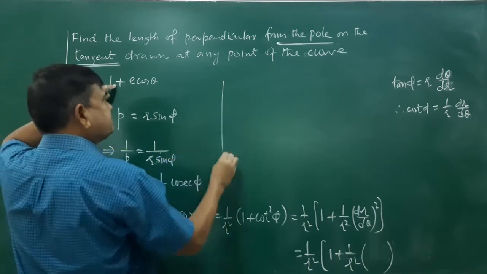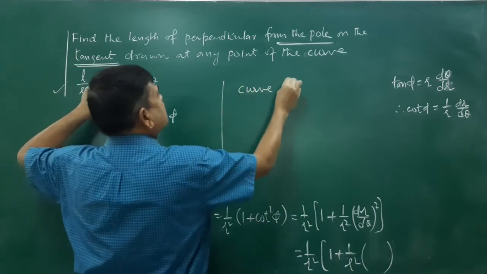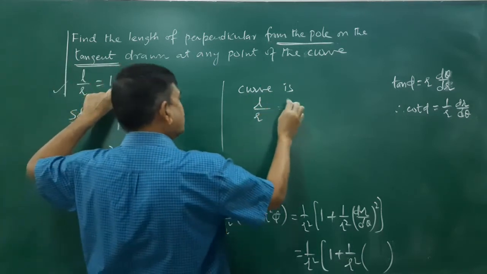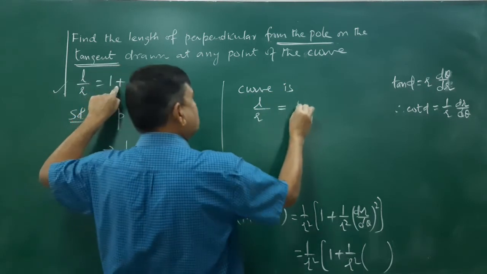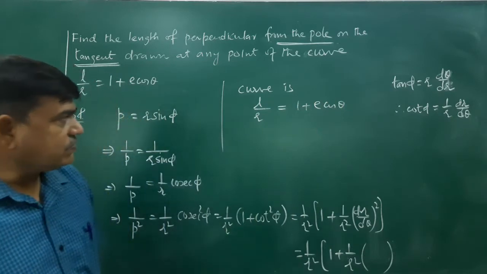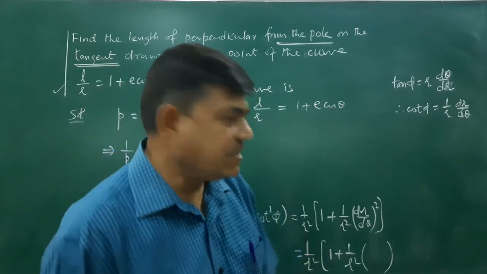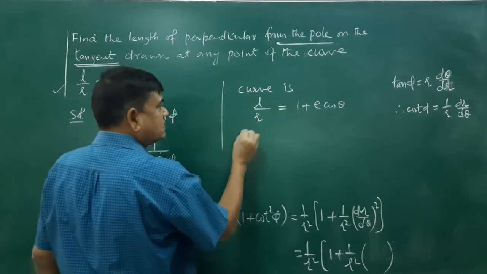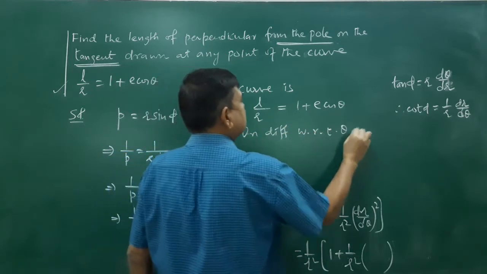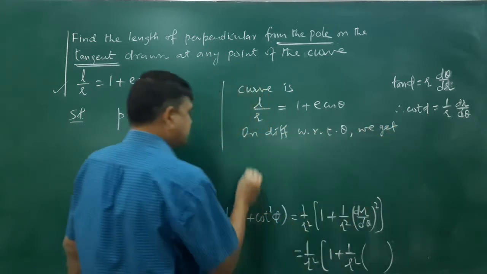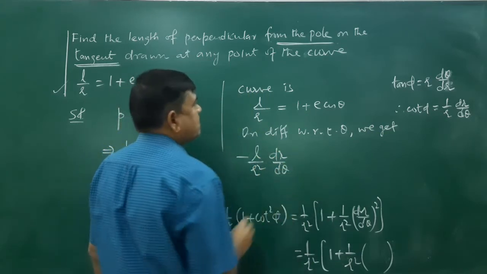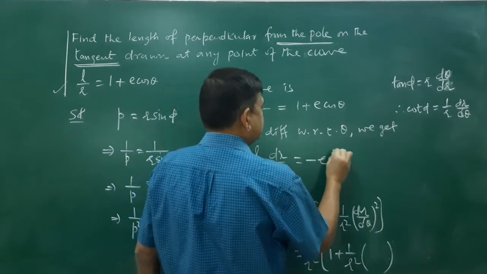What is the curve? The curve is l upon r equals 1 plus e cos theta. Okay, so we want to find this. So differentiating with respect to theta, it is minus l by r square dr by d theta equals minus e sin theta.